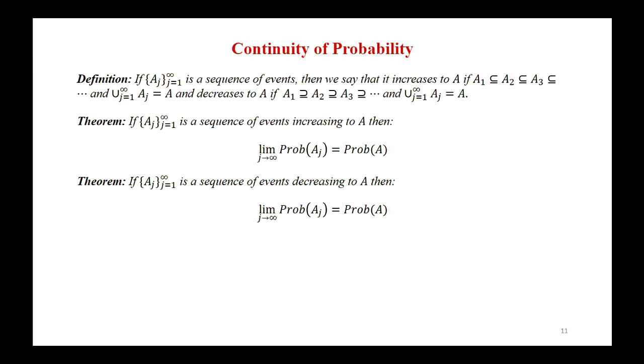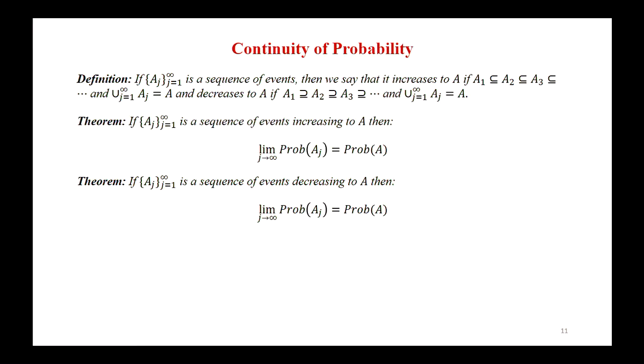And then we can say two things. The first thing we can say is, suppose we have a sequence of events increasing to A. Then we have that the limit, as j goes to infinity, of the probability of Aj is equal to the probability of A. Okay?